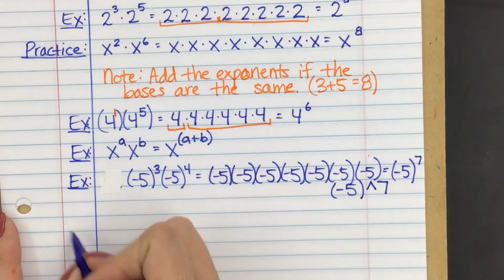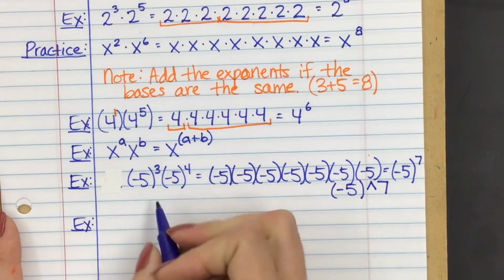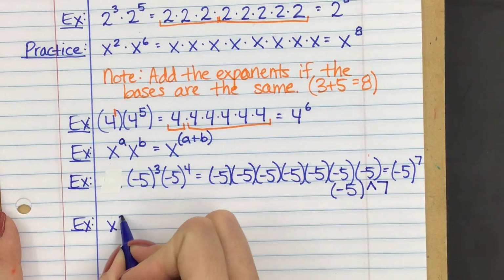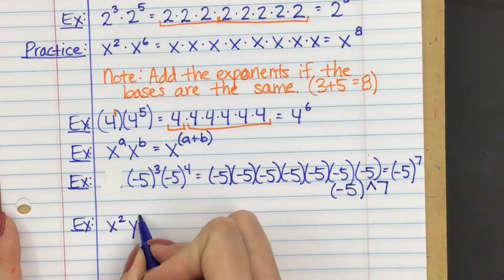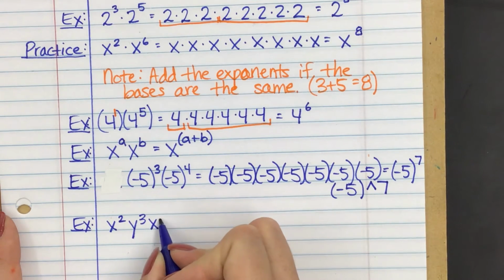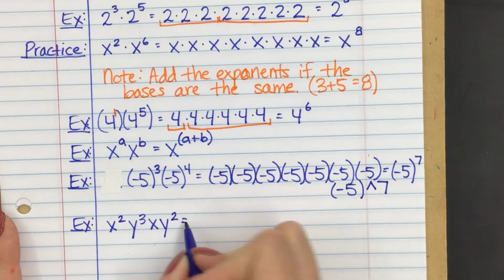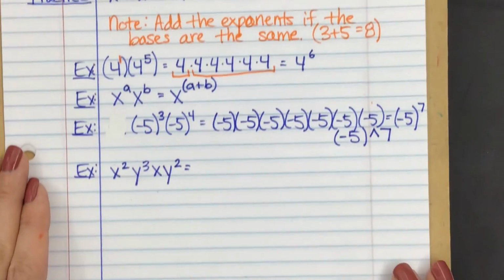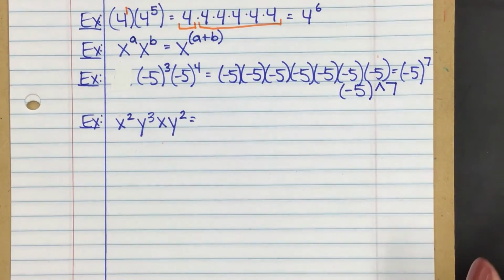Let's do another example of something you're going to see on the homework. Let's do x squared, y to the third, times x, times y to the second. Okay, I'm going to write this in expanded form to expose what's going on here. And you guys are always welcome to write these in expanded form if it helps you to make sure that you don't make an error.